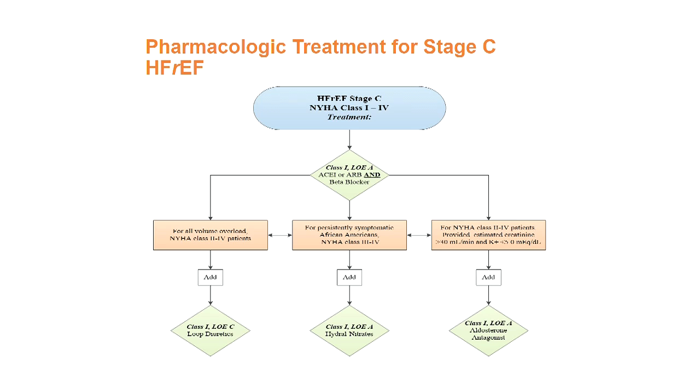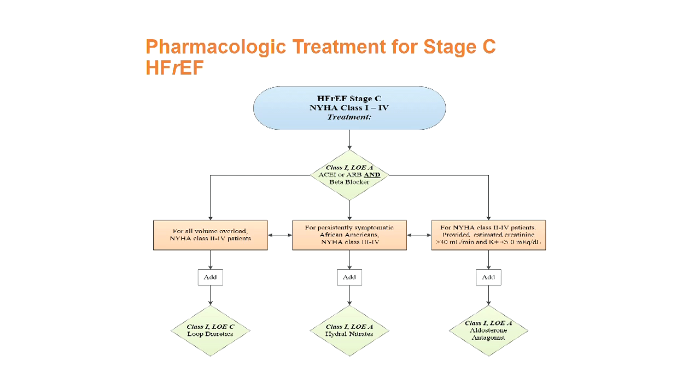And then after they're on that, if you can see, it's a class 1 level of evidence C for loop diuretics. Loop diuretics are only there to help with the symptoms of volume overload. They do not change your morbidity, they do not change your mortality. If patients are persistently symptomatic and they're African American, then you add hydralazine and nitrates.